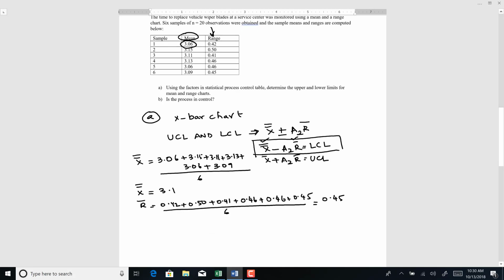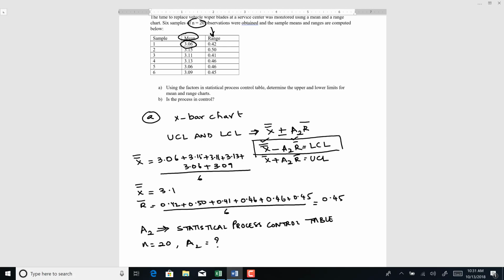To get A2, we use the statistical process control table. The question says n is equal to 20, so you go to the table and look for the A2 value at n equal to 20.